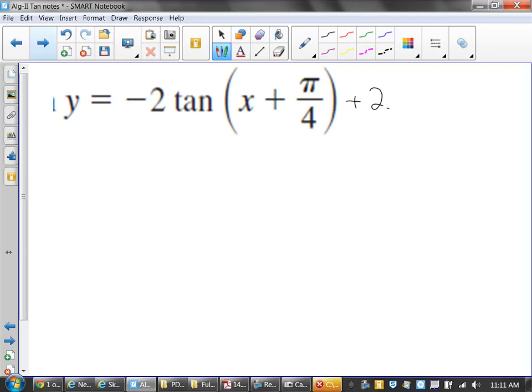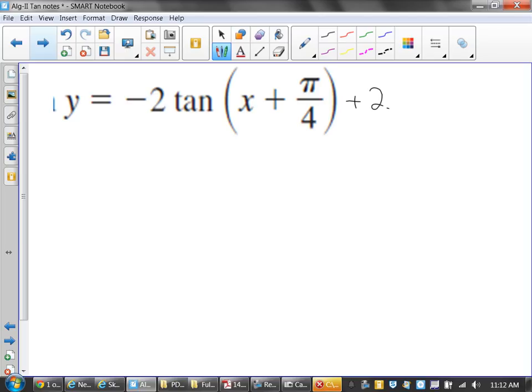Everything gets moved, whether it's one of those 3 critical points, but also the asymptotes have to move. Will the asymptotes move horizontally, vertically, both? The asymptotes are just going to move horizontally, because if you move a vertical asymptote vertically, isn't it still in the same spot?